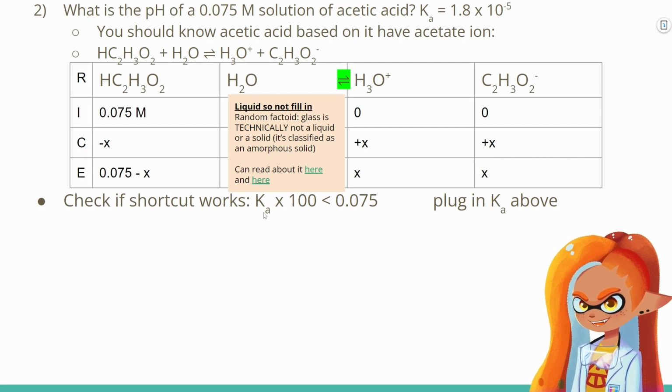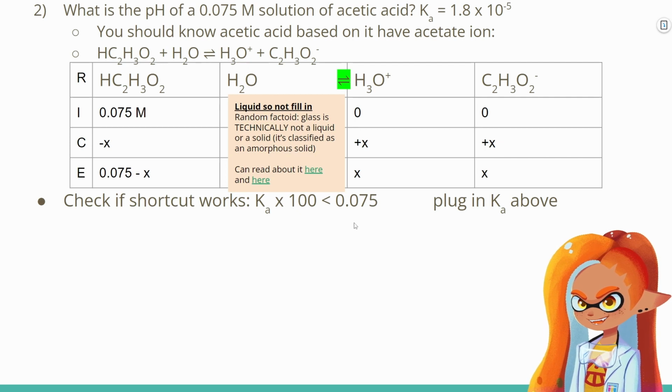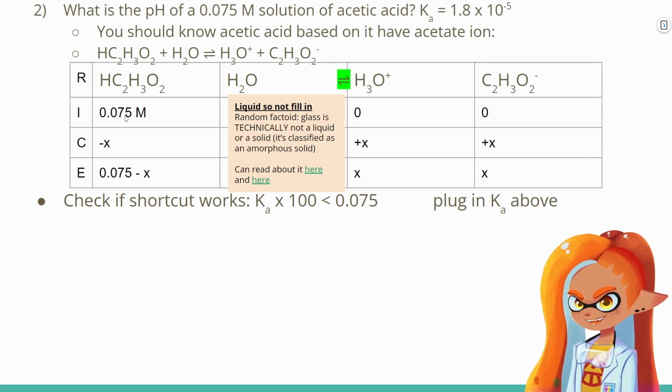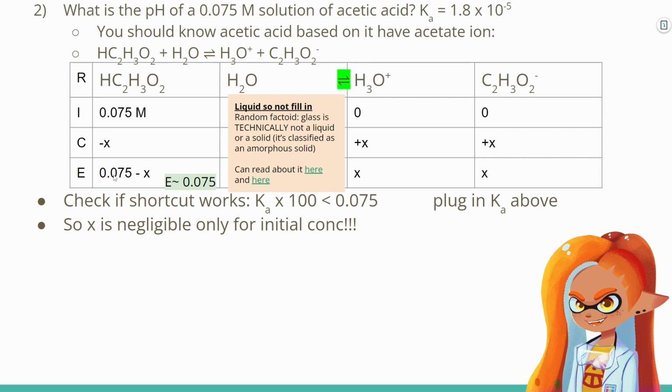You take the K constant, multiply by 100, and compare it to the reactant's concentration in this case. I have my K value right here, I plug it in here, and yes, indeed, the shortcut works. So I can round this to be about 0.075 to make the math faster.